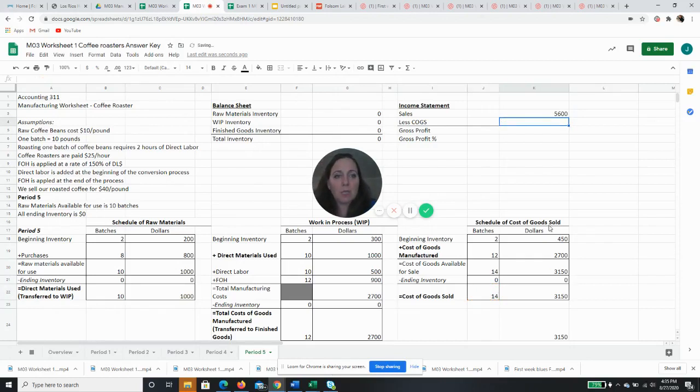So our sales were 5,600, less cost of goods sold of 3,150. Sales minus cost of goods sold is 2,450 of gross profit, and gross profit divided by sales gives us a gross profit percentage or margin of 43.75%.